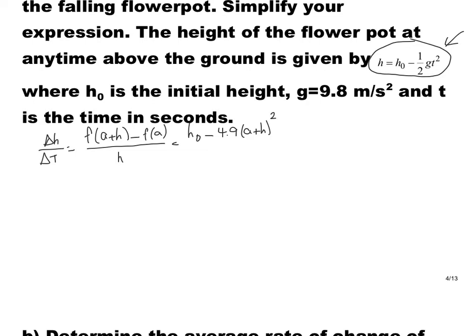So this is my f of A plus H. Now I have to subtract f of A, which is going to be minus H0 plus 4.9 A squared, divided by H.